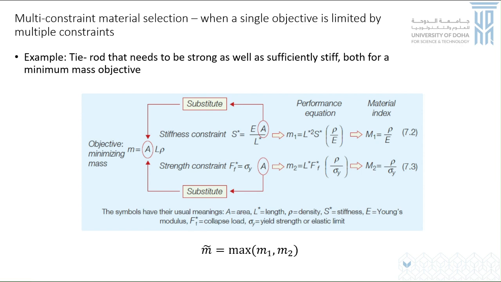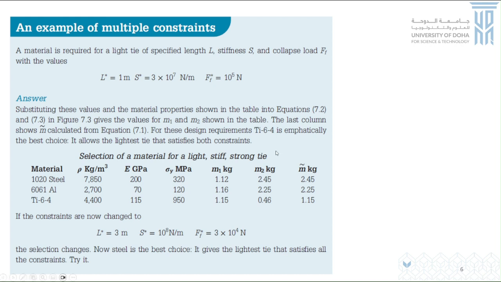Let's say you put 3 as the length, and you revise the stiffness target to an even higher value, let's say 10 to the power 8. And let's say your maximum force is reduced because of whatever design considerations, and now it is 3 into 10 to the power 4. If you plug the numbers back into those equations, you'll find that steel becomes the best candidate out of these 3 materials.